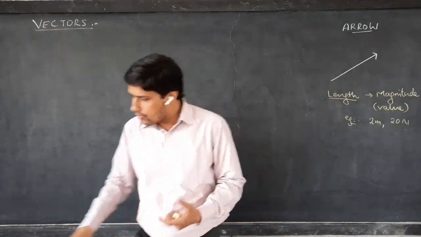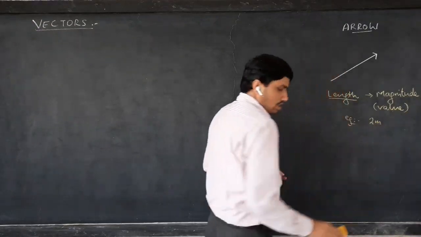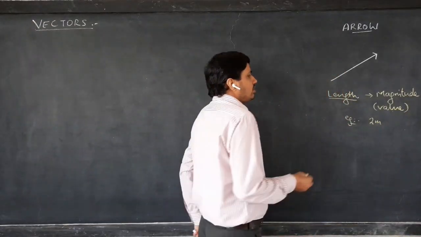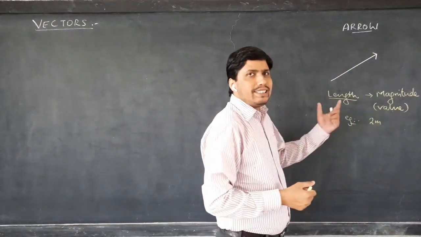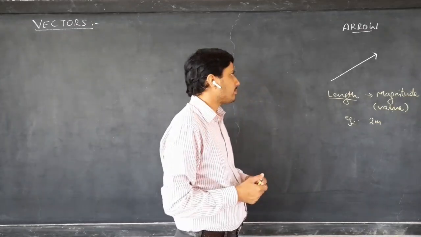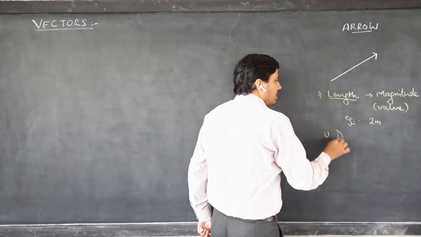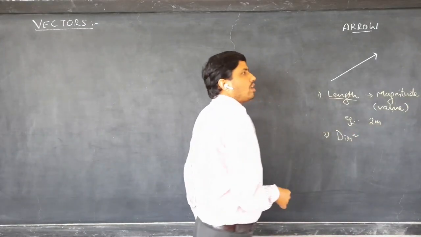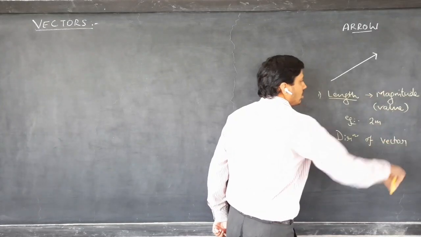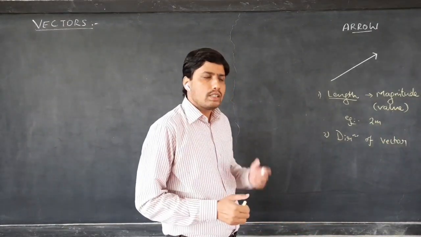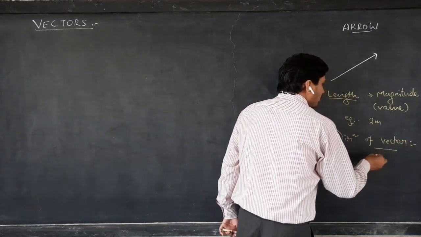Now, let me confine myself to a single vector of displacement. So this length, we will say that it is equivalent to 2 meters. Number two, direction of the vector, whether it is a displacement vector or any other vector, direction of the vector is indicated by the arrow.